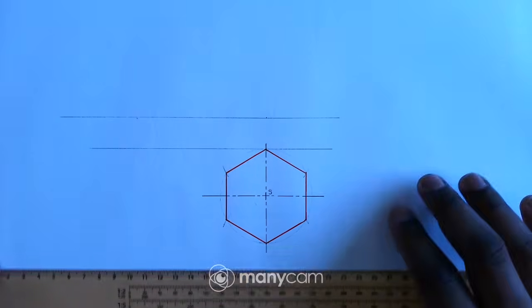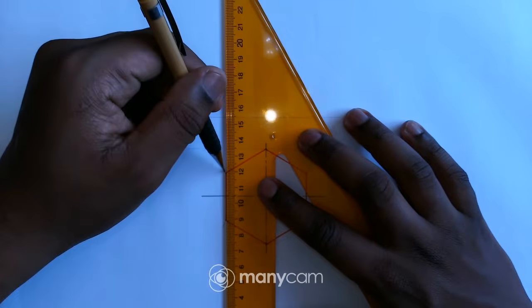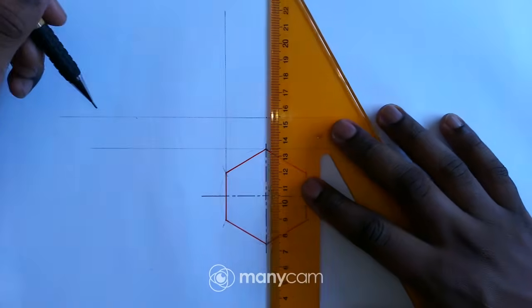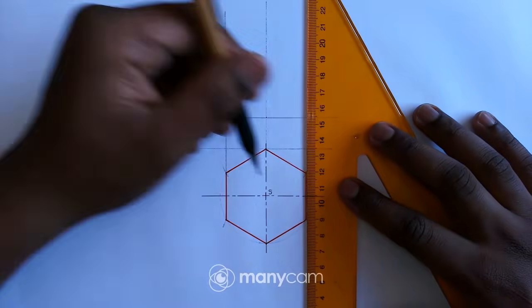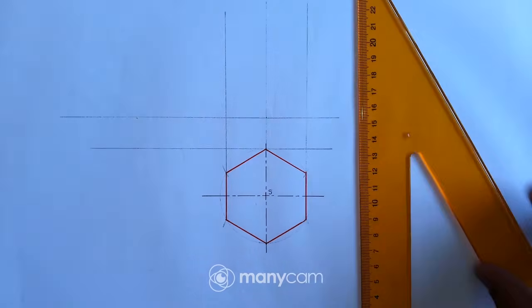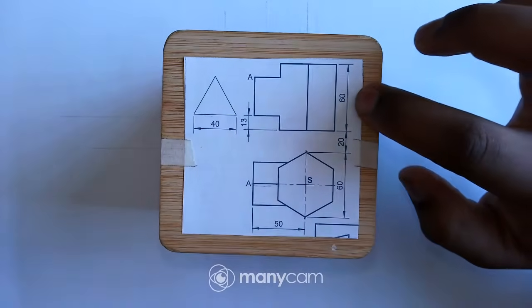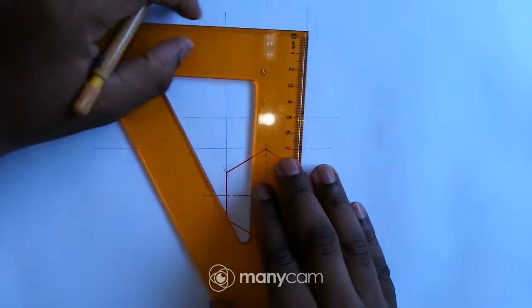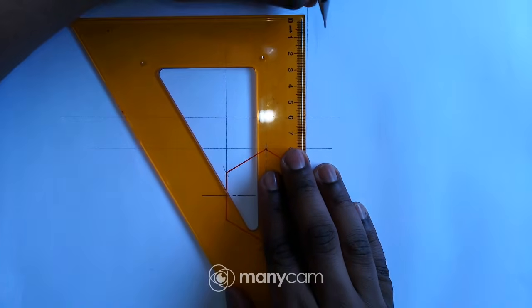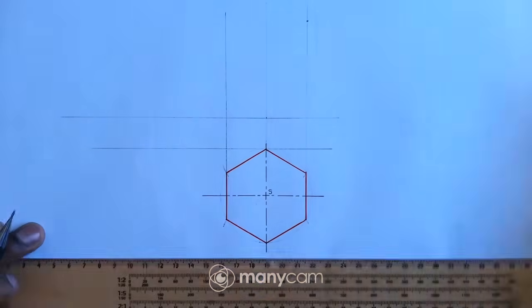So let me just move my drawing board down. So now I can just project all the points up to that section so that I can just draw the front view of the pipe. Okay, so what's the height of the pipe? We are given that it's 60, so I'll just mark off 60 there. 60 is right there, right?